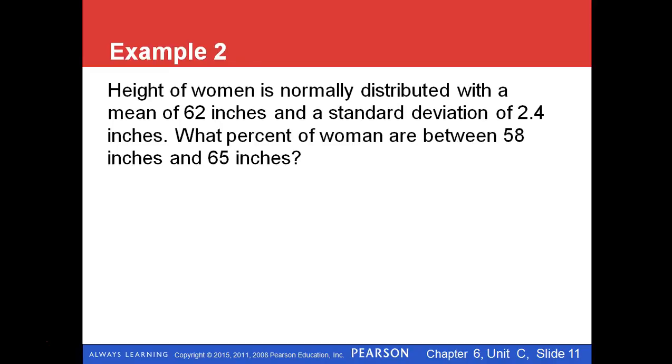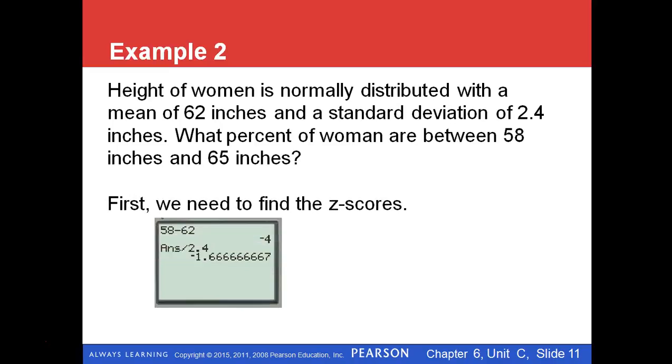If we want to figure out what percentage of women are between 58 inches and 65 inches, first we're going to need to figure out what those inches are in z-scores. 58 minus 62 is a negative 4. Divide by 2.4 and I get a negative 1.6 repeating. And so that will round to a negative 1.67.